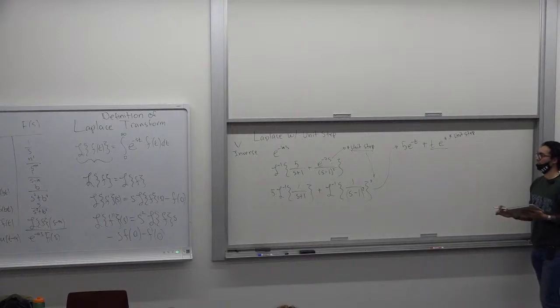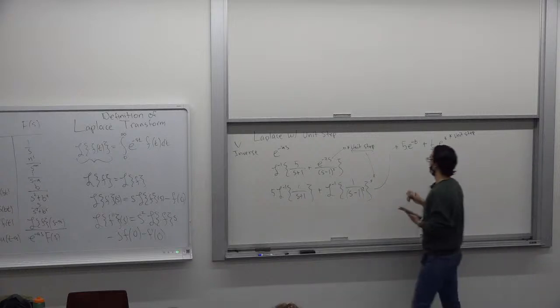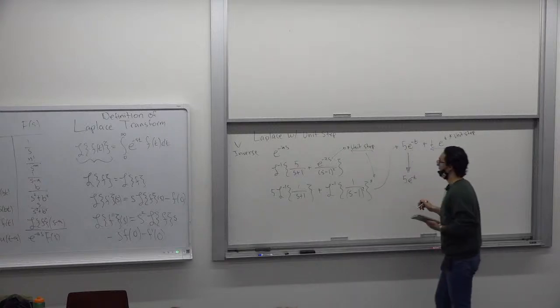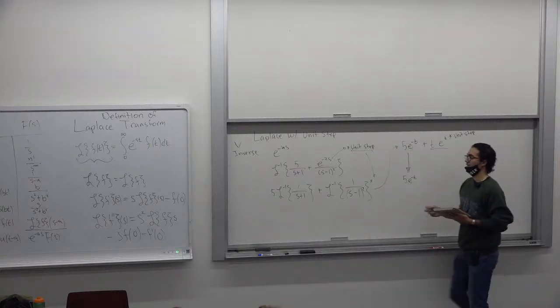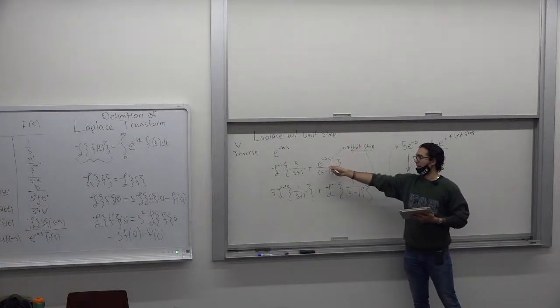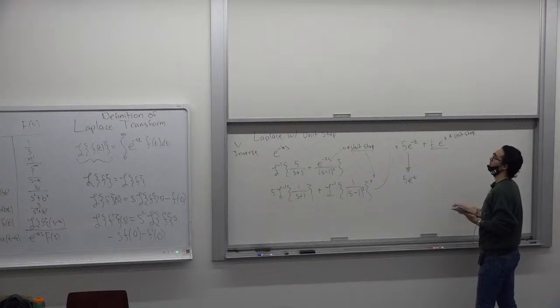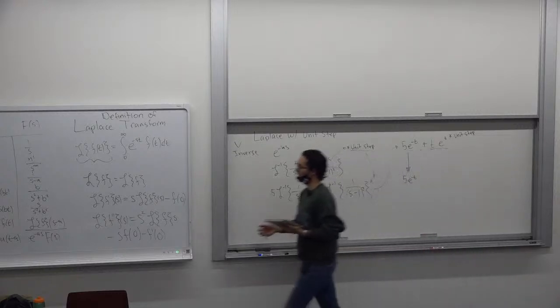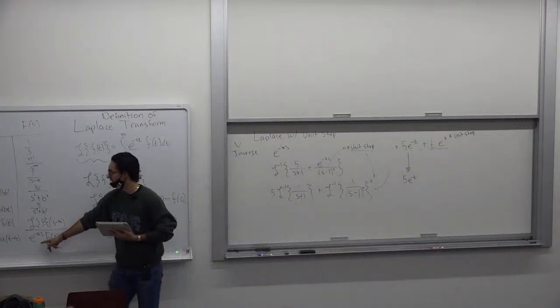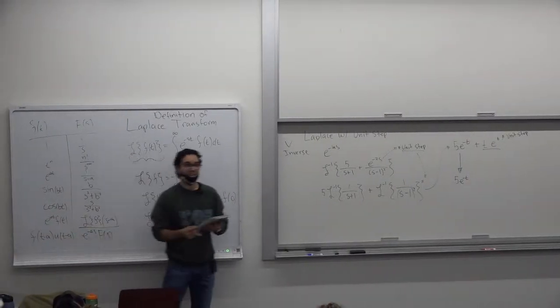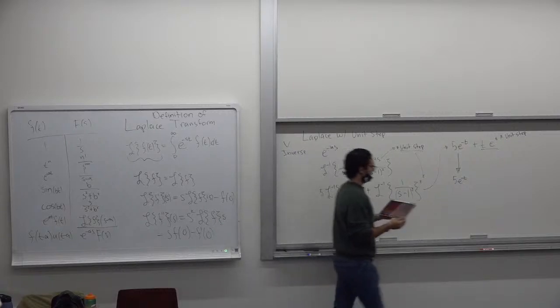So we're almost finished. This term right here is going to come down because it's not a unit step: 5 e to the negative t. And then we go back to our e to the negative as and plug into our formula: f of t minus a, u of t minus a.